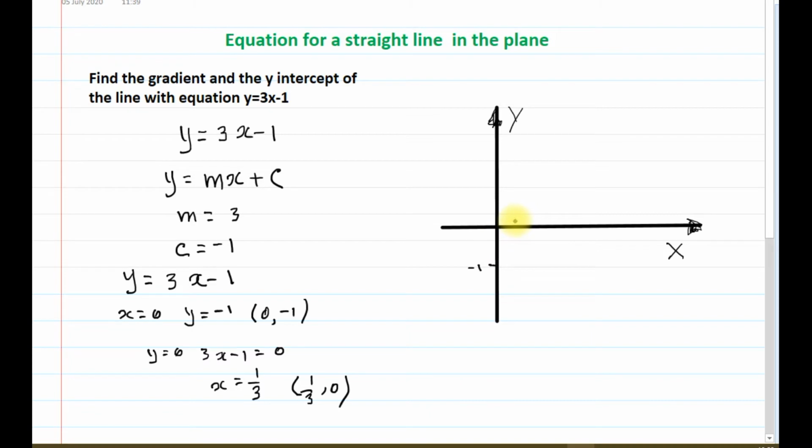So let's say that's that point. In this case, if I draw a straight line between these 2 points, that should be my line.